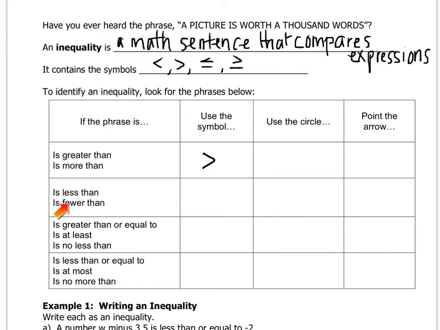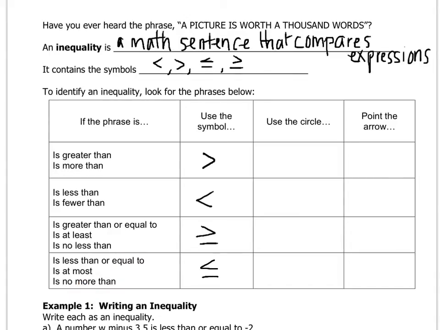If you see is less than or is fewer than, you're going to use the less than symbol. If you see is greater than or equal to, is at least, is no less, you're going to use the greater than or equal to symbol. And if you see is less than or equal to, is at most, or is no more, then it's going to be less than or equal to.